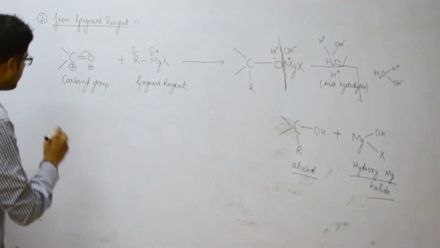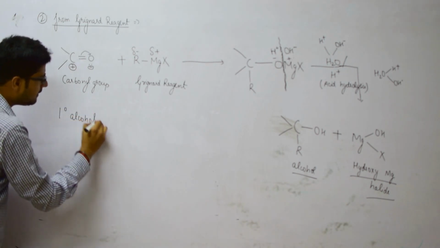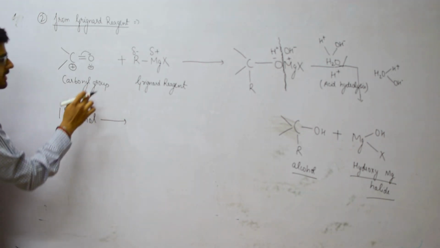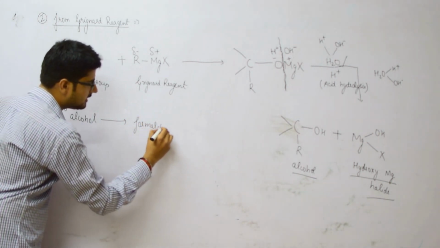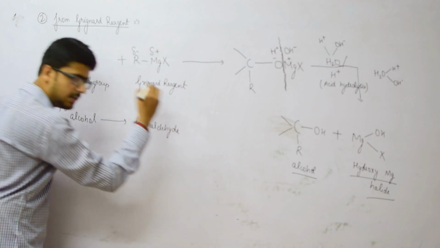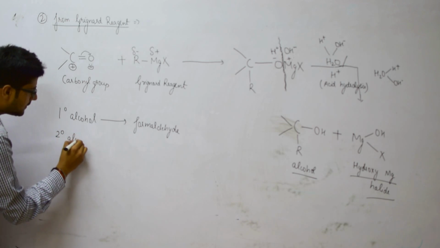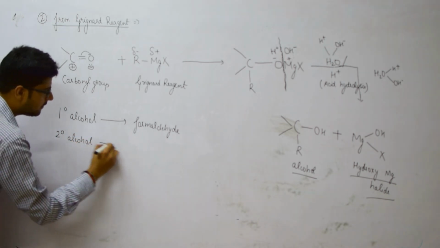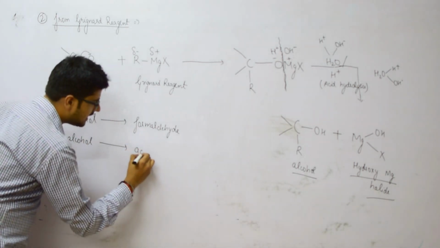So if we have to make primary alcohol, we will take the starting material as formaldehyde. When we have to make secondary alcohol, then we will take the starting material as acetaldehyde.